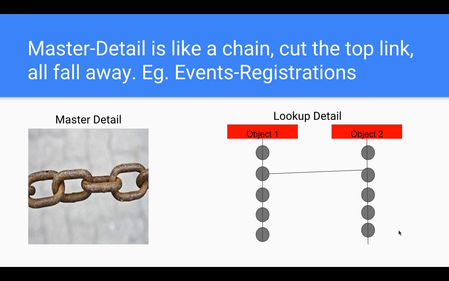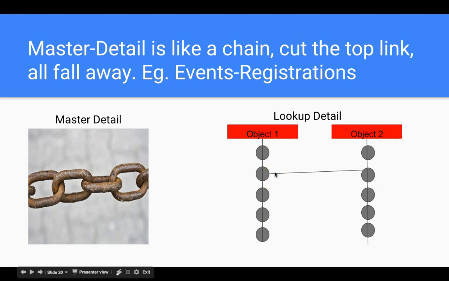Imagine two chains hanging from a ceiling, and the lookup relationship is a horizontal relationship. It's not a vertical relationship. So if you change one, it doesn't affect the entire structure of the two objects, right? Whereas a master detail object is very, very affected by the relationships between these. So if this was a master detail relationship and I cut this chain, all the rest of these links would fall. But this is a lookup relationship with two separate objects.